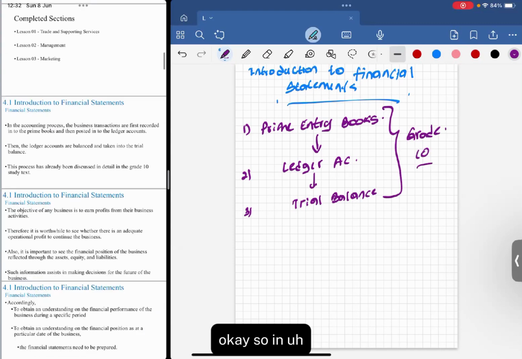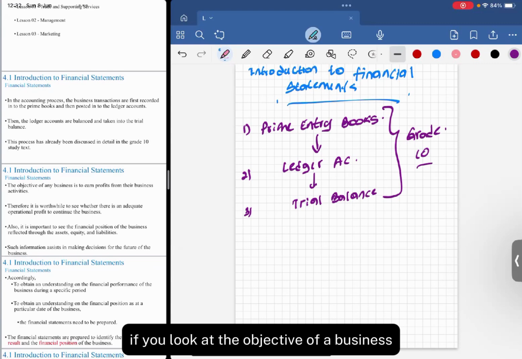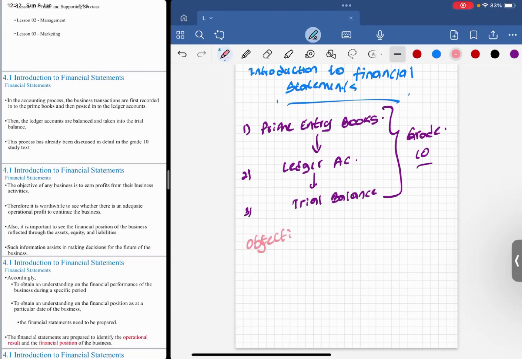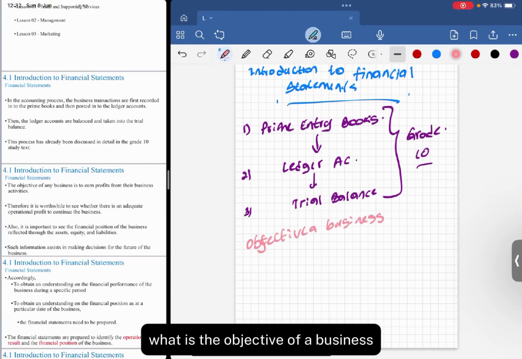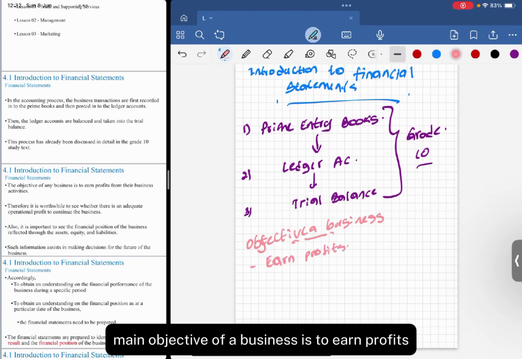Okay. If you look at the objective of a business, what is the objective of a business? It is always to earn profits. The main objective of a business is to earn profits.